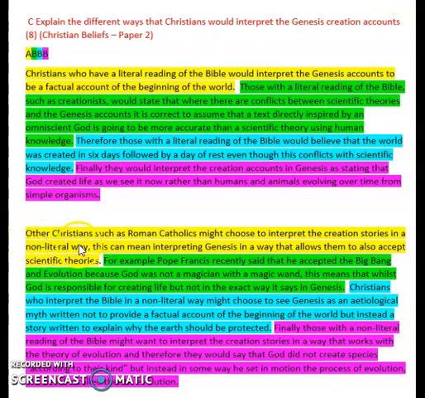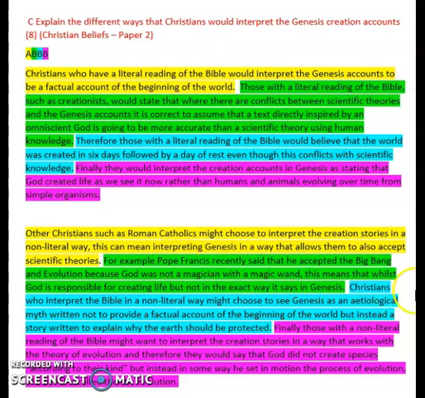Again, that's a key term from the specification. This can mean interpreting Genesis in a way that allows them to also accept scientific theories. So very different from this reading, which is rejecting scientific theories. So that's my answer. And now I'm going to unpack and add my evidence.